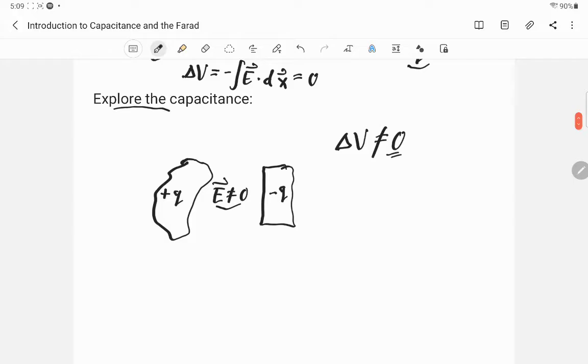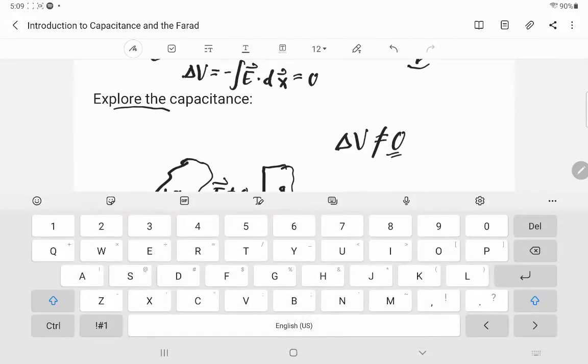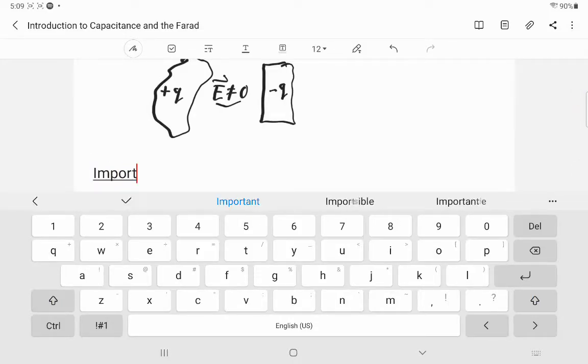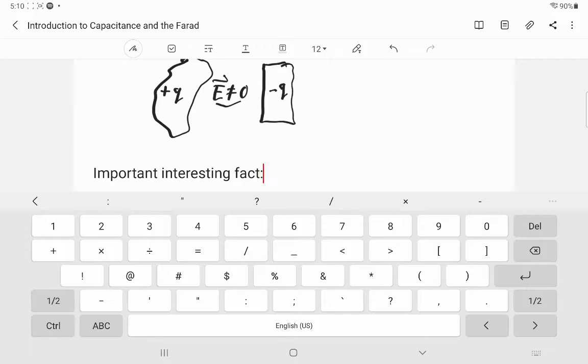But here's an interesting fact, and this is an important fact, and it's something that you can use in the future.